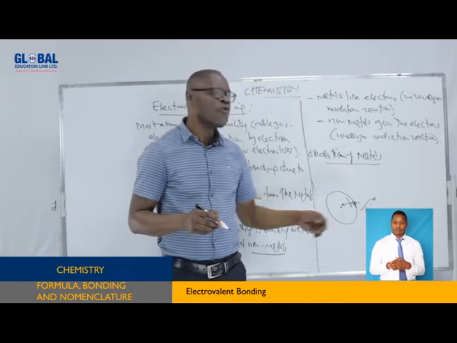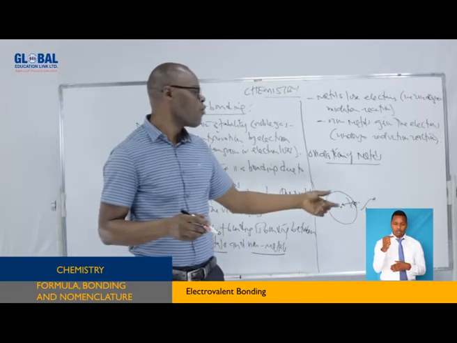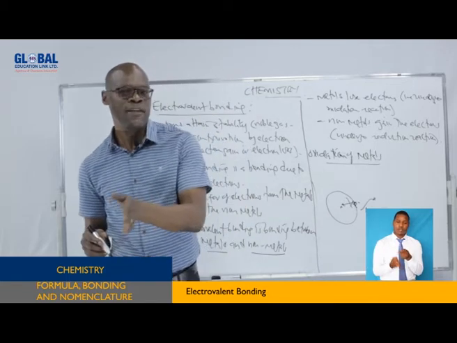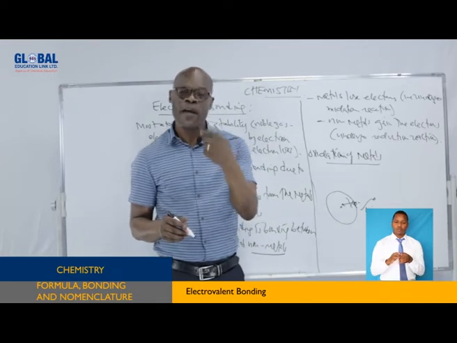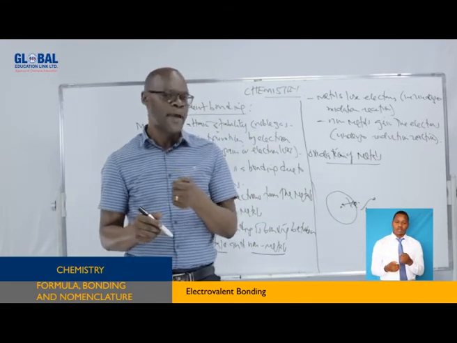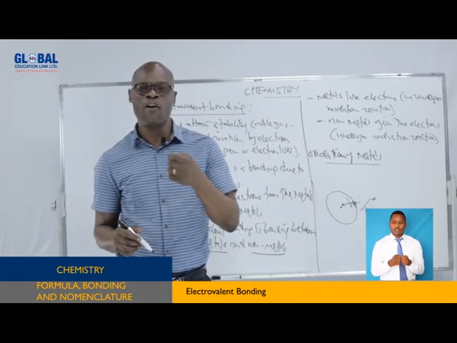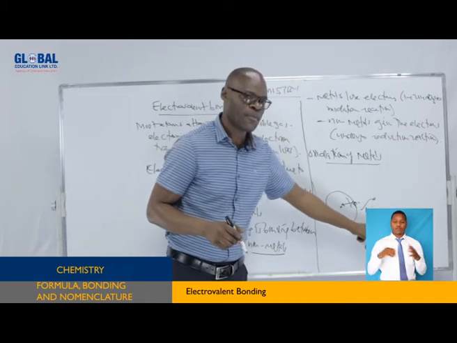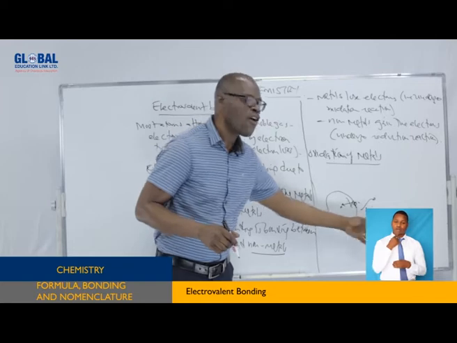We said aluminum has got 3 electrons, which, if it were to form an ionic compound, then aluminum is supposed to lose all the 3 electrons in the outermost shell. But because the amount of energy required to release all the 3 electrons is too high for aluminum to achieve, most likely aluminum will form a covalent bond. Why? High ionization energy. Now, if this electron is lost, then we say this metal has been oxidized.